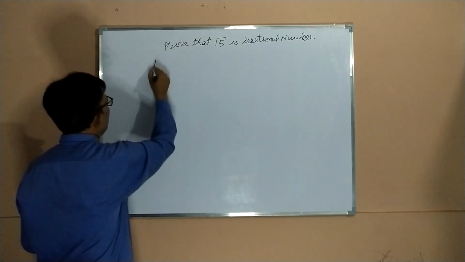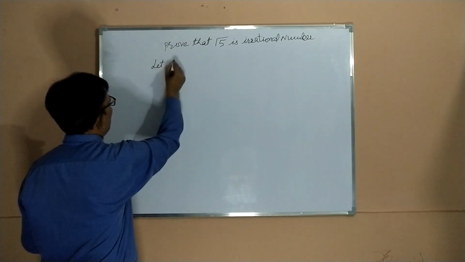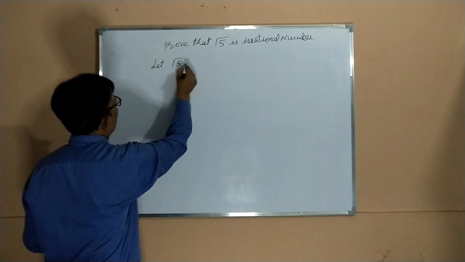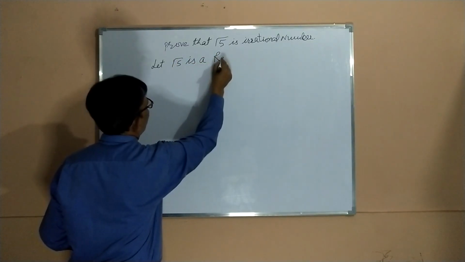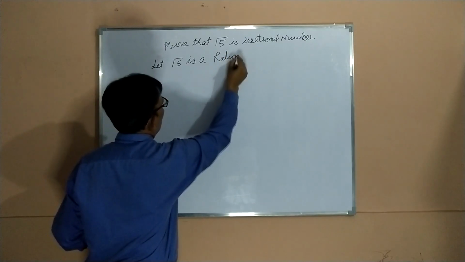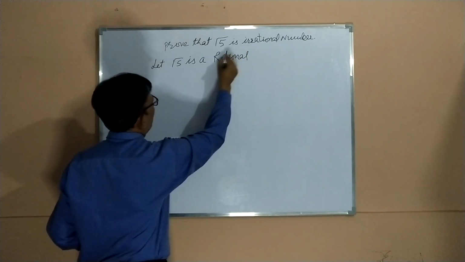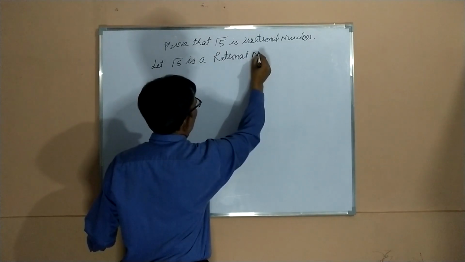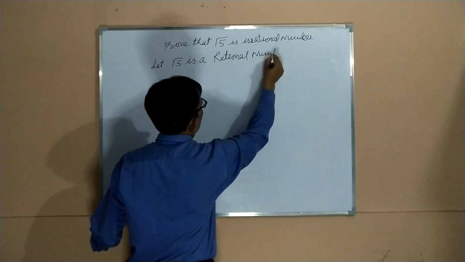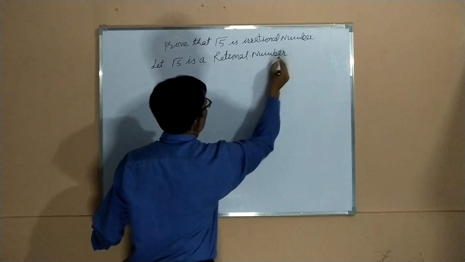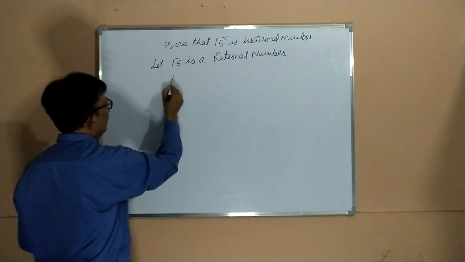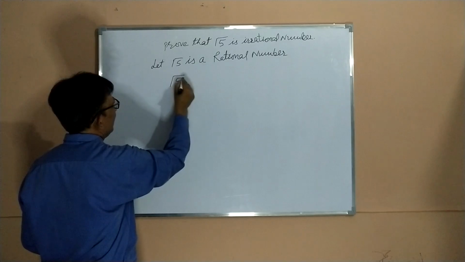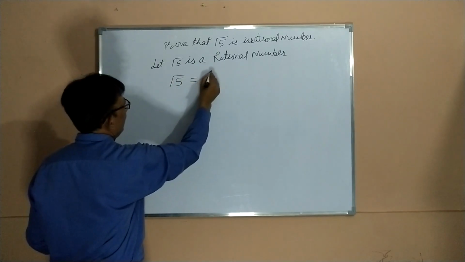Let me suppose under root 5 is a rational number. Because we supposed this rational number, under root 5 can be expressed in a upon b form.